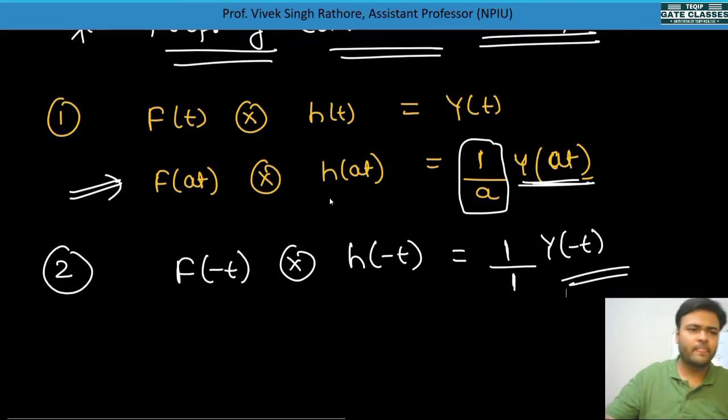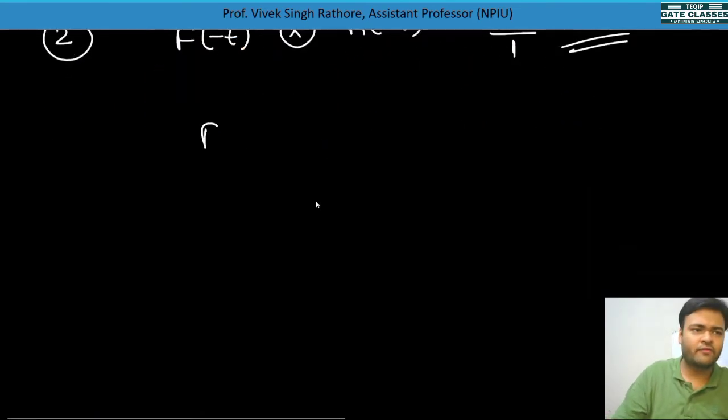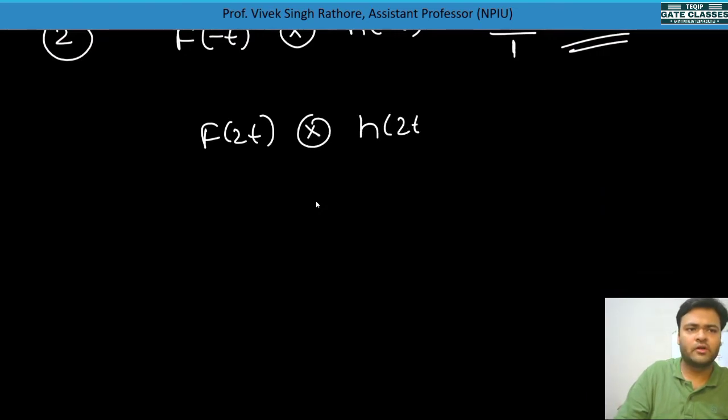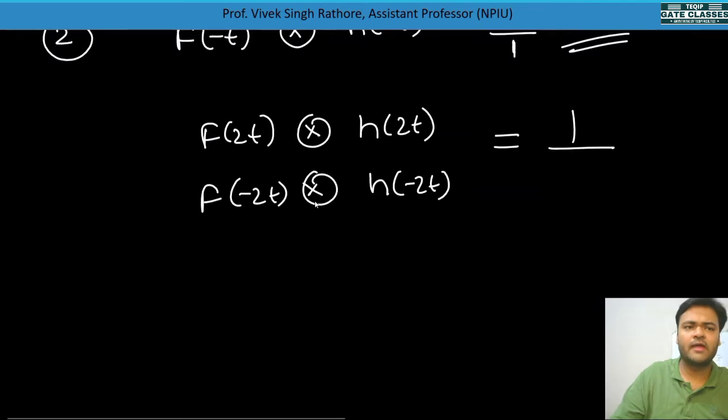Now you can understand what happens if a is positive. Let's suppose f of 2t is convolved with h of 2t, or f of minus 2t is convolved with h of minus 2t, the output will have 1 by a only, so 1 by 2.